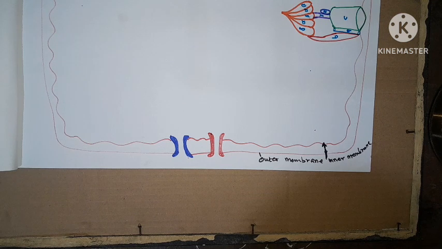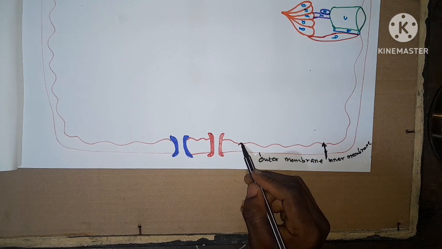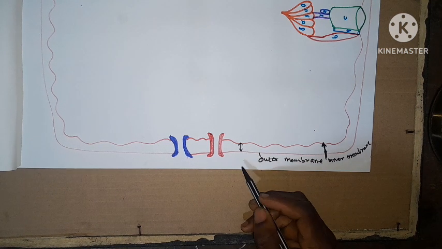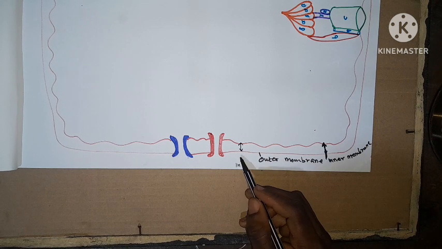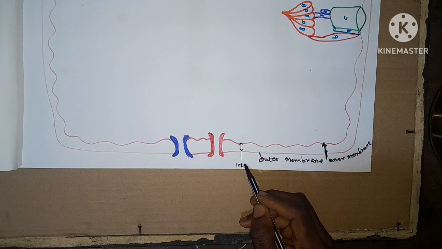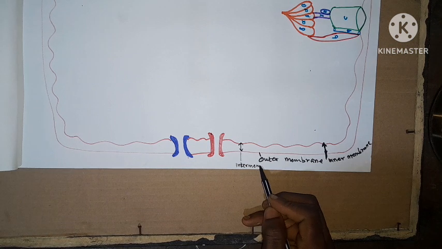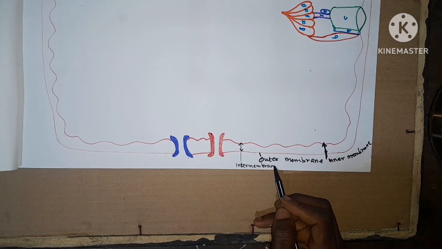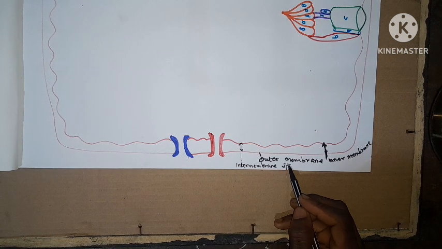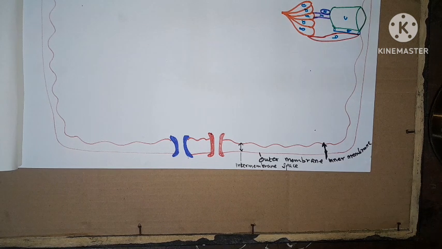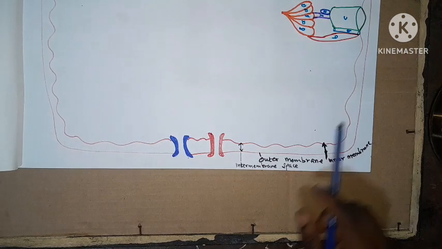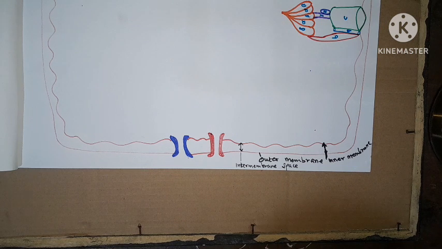This space is what we call the intermembrane space. And this whole thing is what we call the mitochondria.